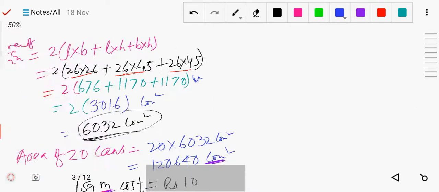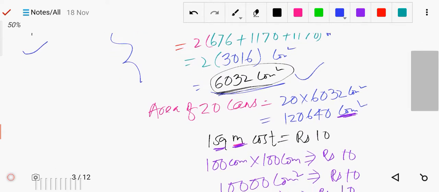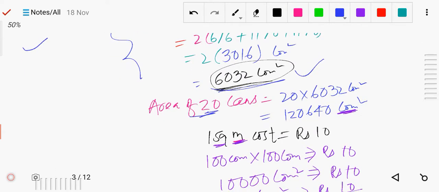So once again you can see it. First of all these dimensions are given, so we find the area of this cuboid type of tin. So this is the area of one tin, or you can say the area of one can. Now how many such cans do we have to make? 20. So we multiply this area with 20.